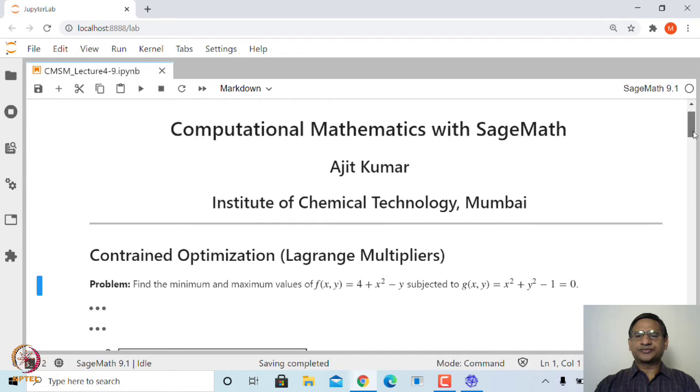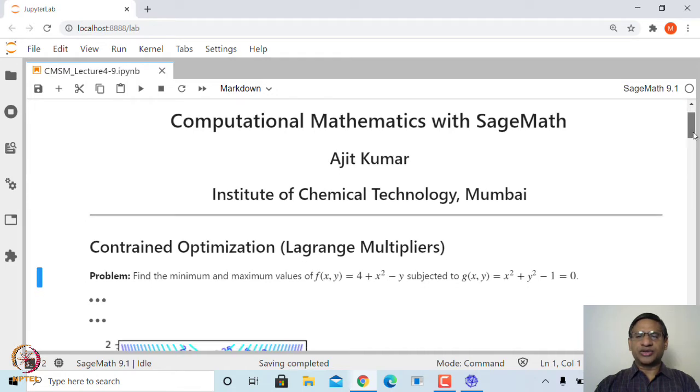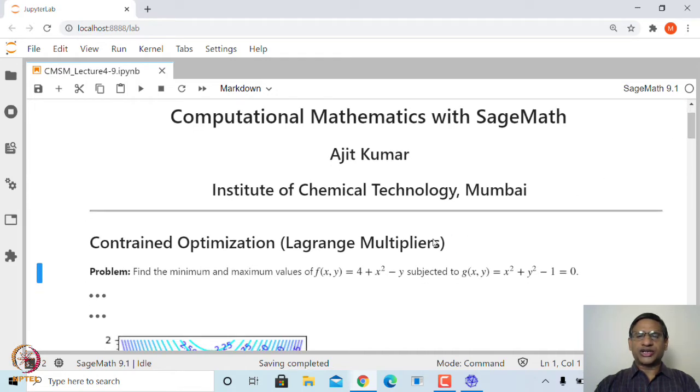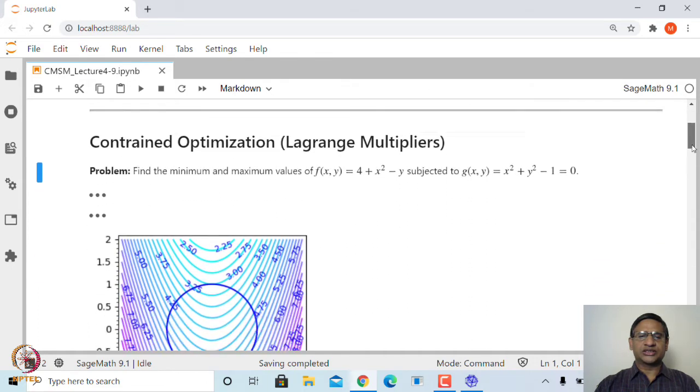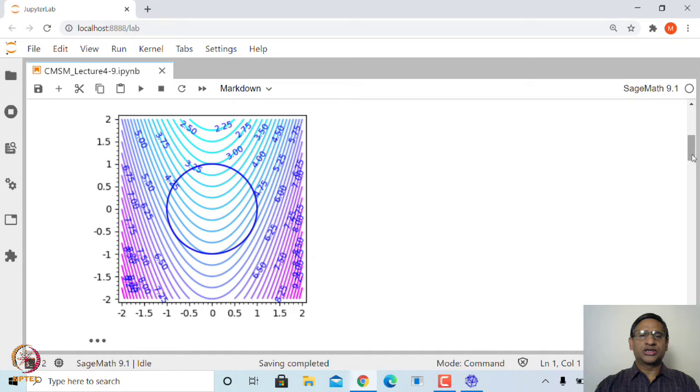Now, let us look at geometrically what it means. Let us try to plot various graphs of this function f(x, y) for various values of f, that is same as saying let us plot contours of f and let us also plot this circle and then see what happens. So, let us look at this contour plot.